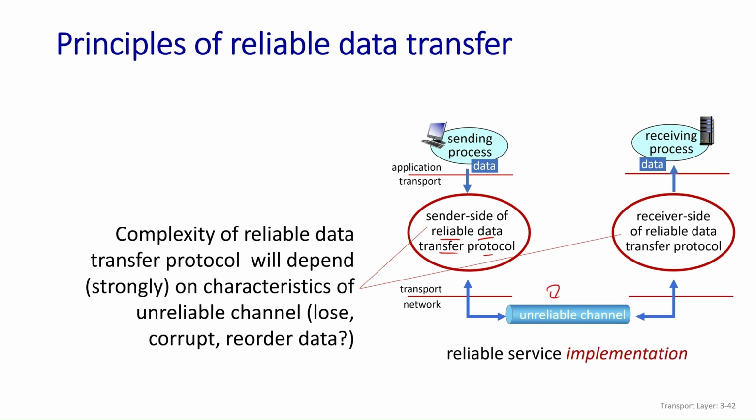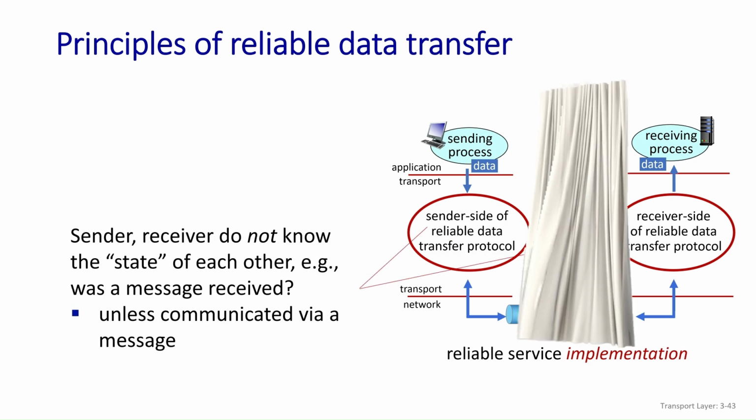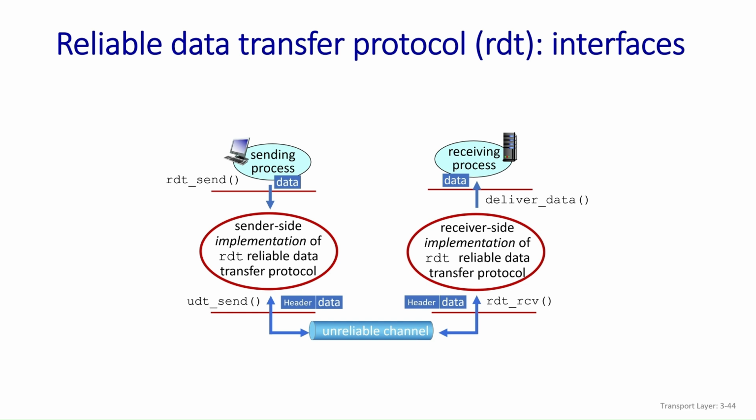Okay, we'll see that. So before we jump into developing the reliable data transfer protocol, we'll try to develop different versions of it, by introducing different characteristics of the underlying unreliable channel, introducing complexity in the reliable data transfer protocol as well.